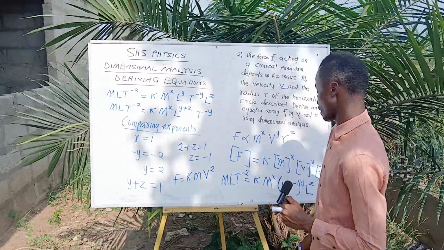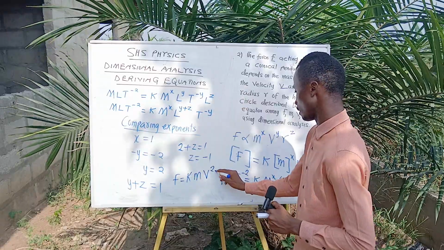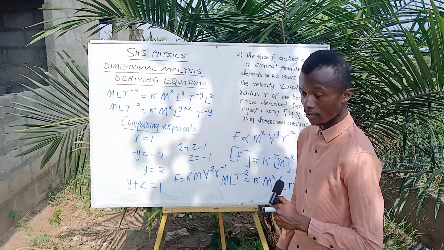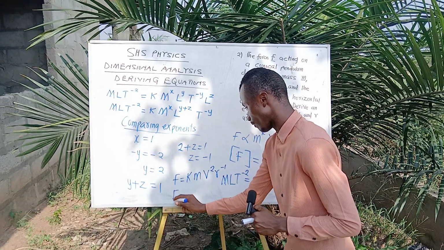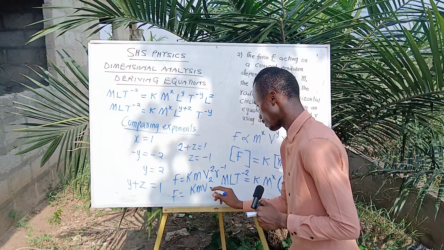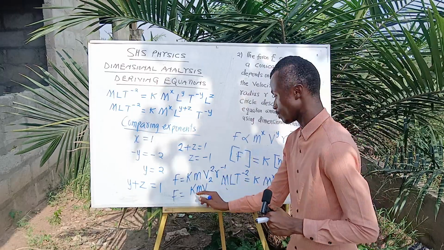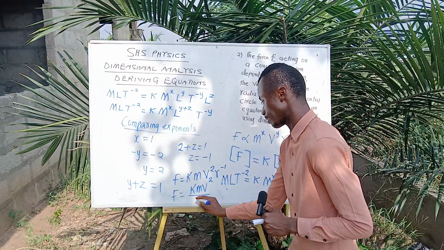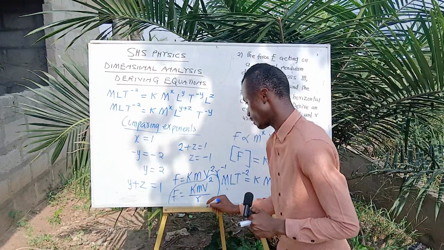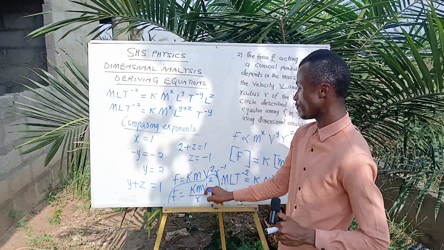R to the power z. What is z? -1. Let's rearrange. We have F is equal to K m v squared r to the power -1. We reciprocate that and make it positive, so over r. And that is the final answer: F is equal to K m v squared over r.